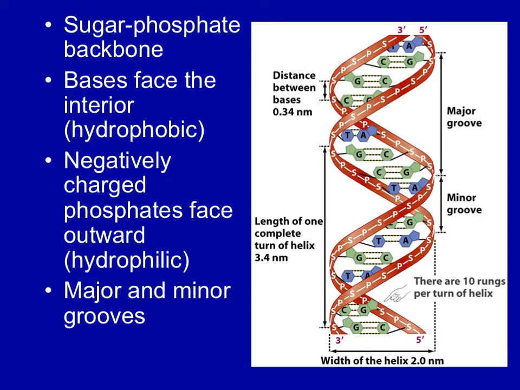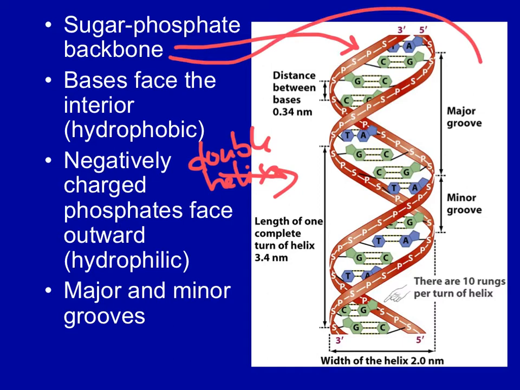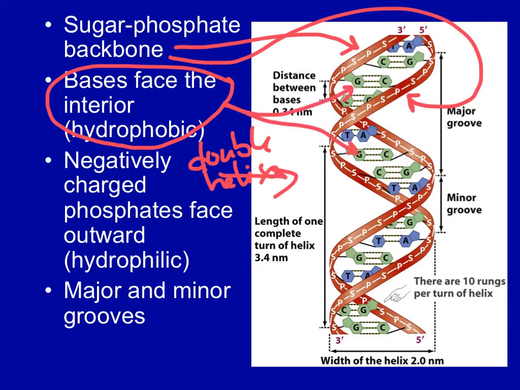This is once again showing you, if you take that sugar phosphate backbone of the anti-parallel strands and you twist it, you get this double helix structure. It's like a winding staircase with the bases facing the inside, and you have the sugar phosphate backbone shown in red, and in between that the bases are inside here, hydrogen bonding to one another.